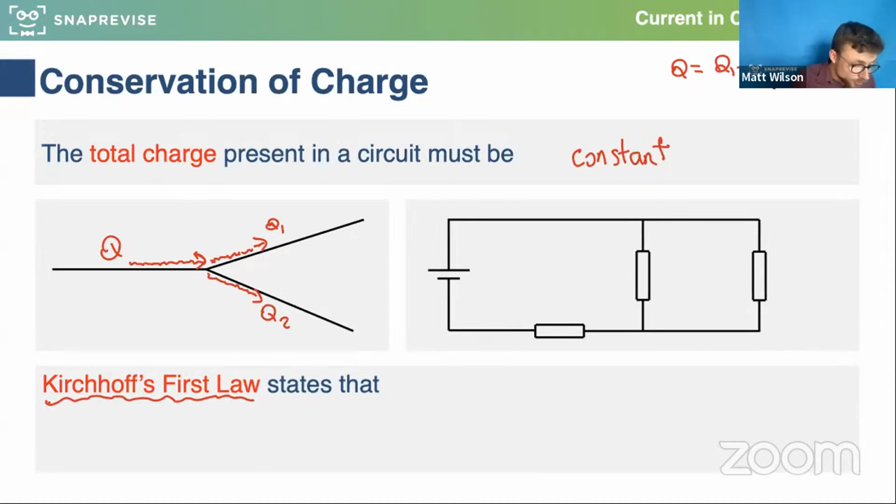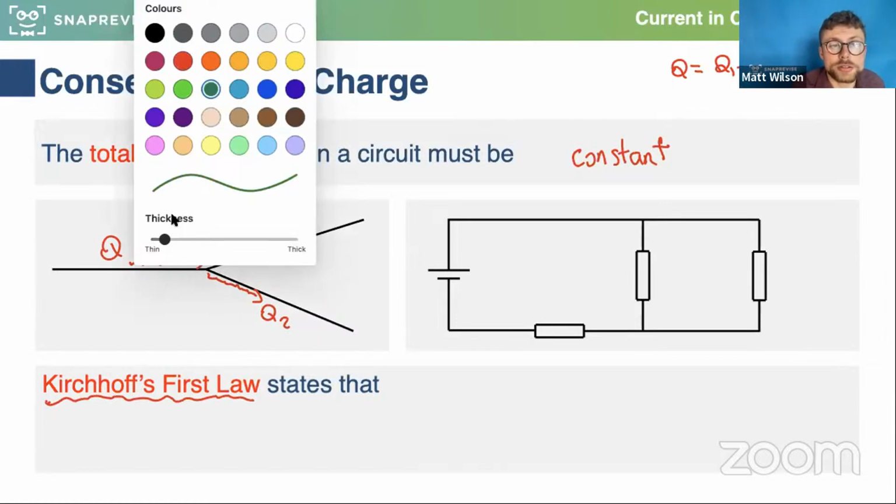Now, the clever thing Kirchhoff thinks about in this situation is to say, rather than talking about some chunk of charge that's moving, I'm just going to talk about the rate of flow of charge. The amount of charge that flows into this node at any second will be the same as the amount of charge that flows out. And when you start talking about flows, you're talking about currents. So imagine I've got some current here. Let's do green for current.